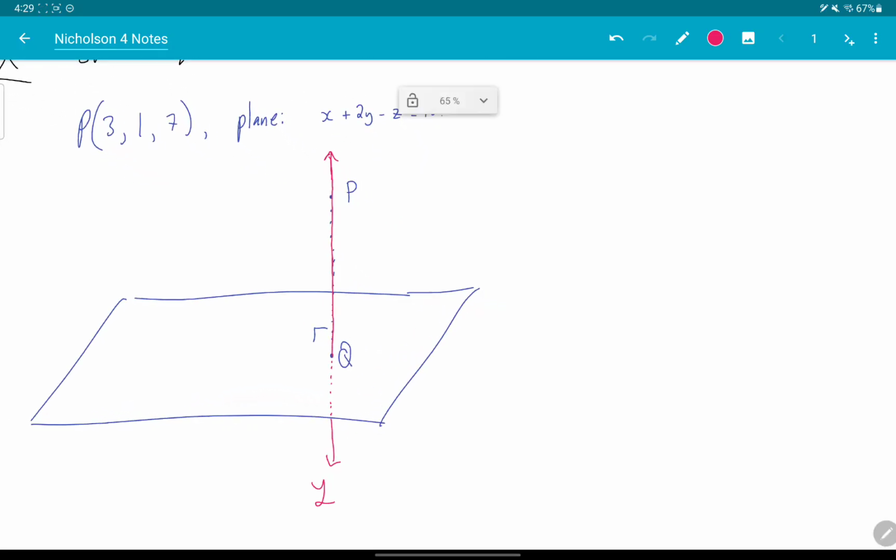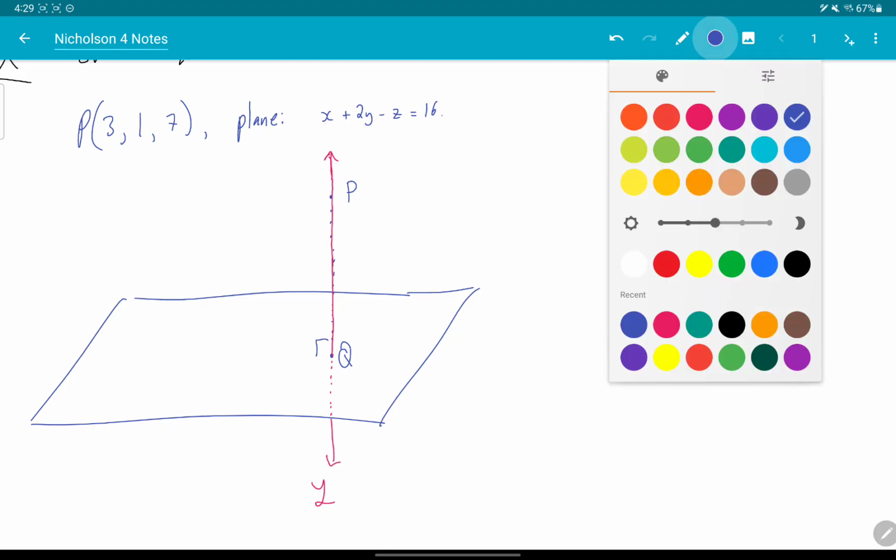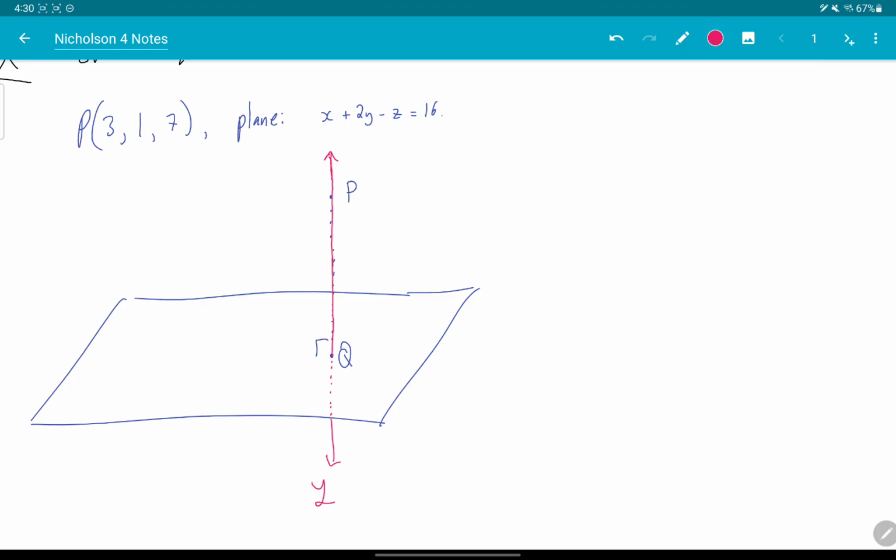So the line forms a right angle with the plane, and that will be a key fact that we'll use because we need an equation for the line. So the usual thing, P is equal to P0 plus T times direction vector.